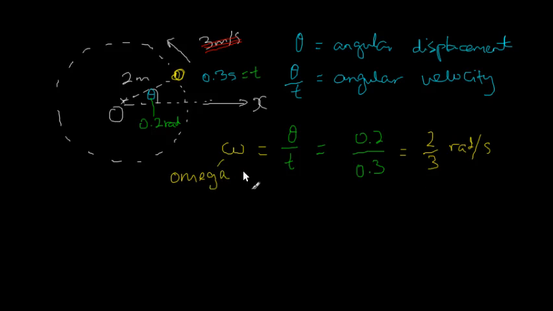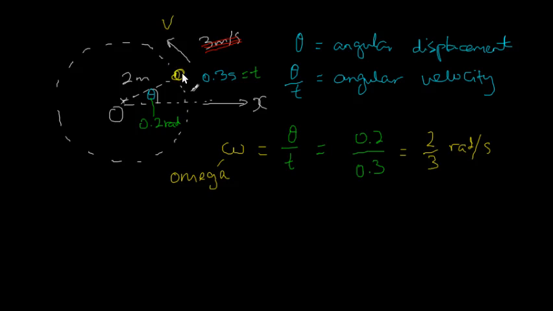Now, having understood what angular velocity is and how we can calculate it, the next thing we need to do is to find out about the relation between the angular velocity, these 2/3 radian per second, with this velocity v, the number of meters per second that the ball actually moves along the circle.